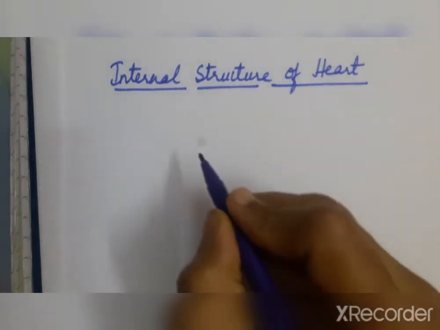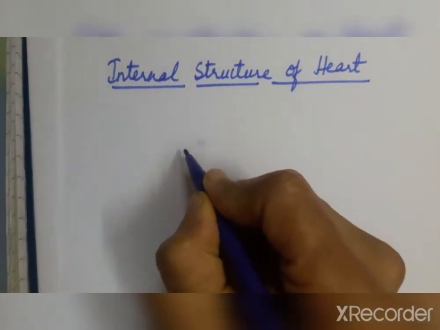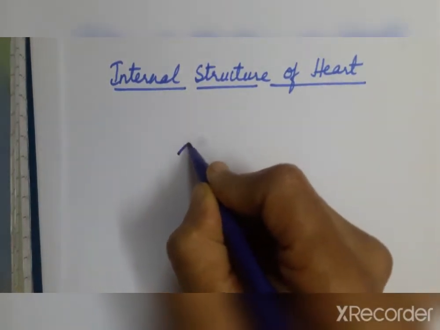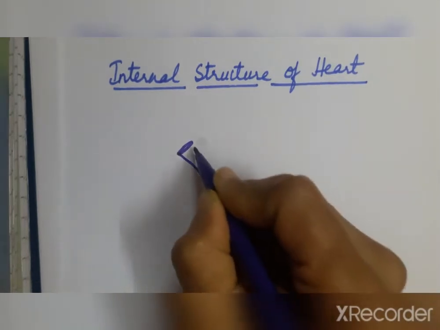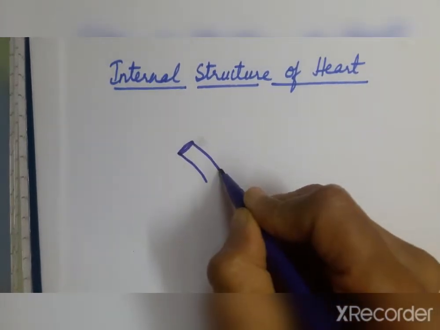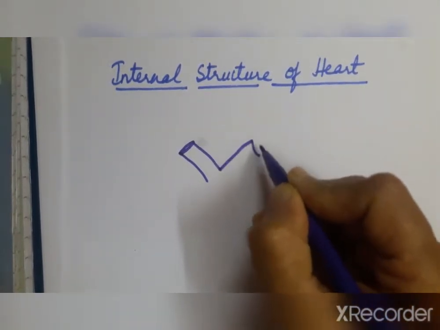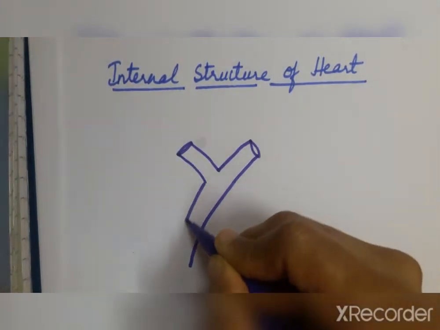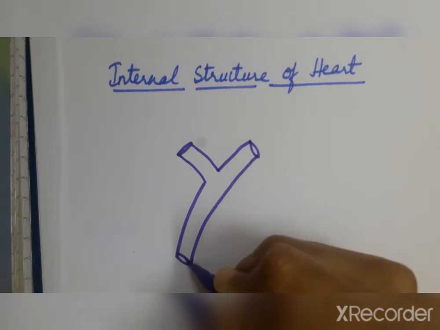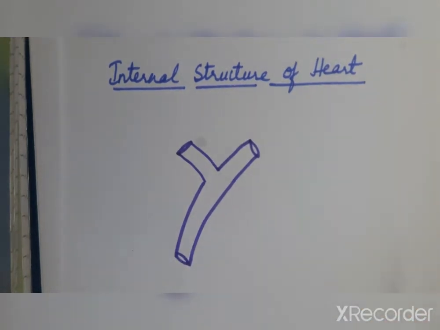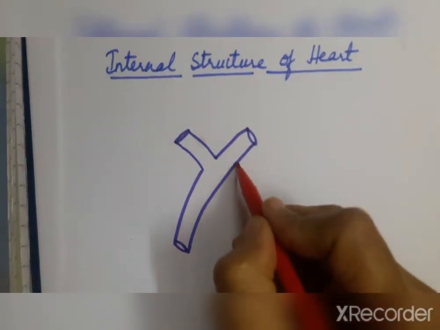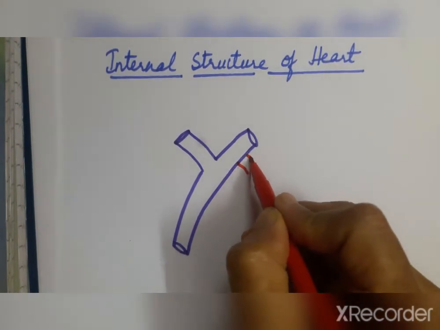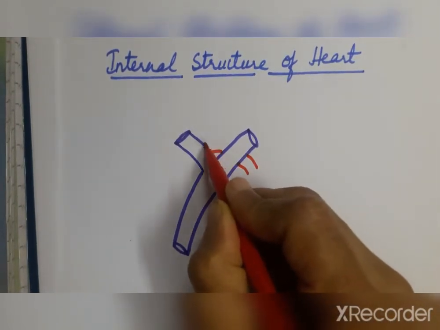To start with, you have to draw first the alphabet Y. This is the alphabet Y. Next step is draw the alphabet C here.